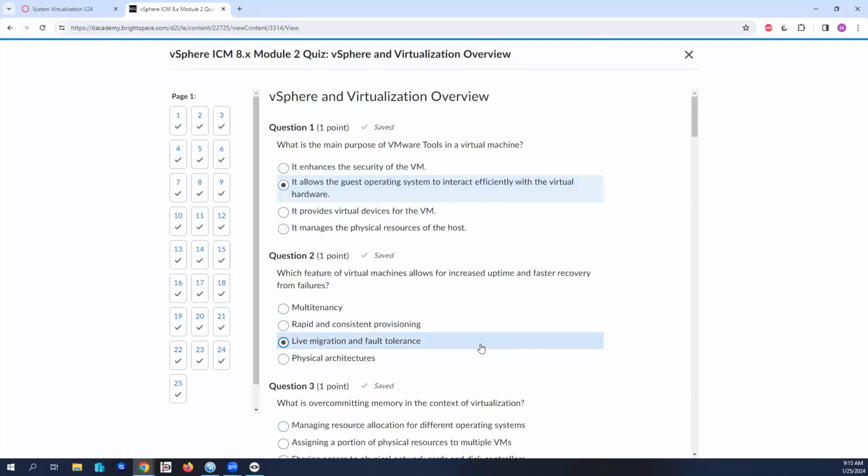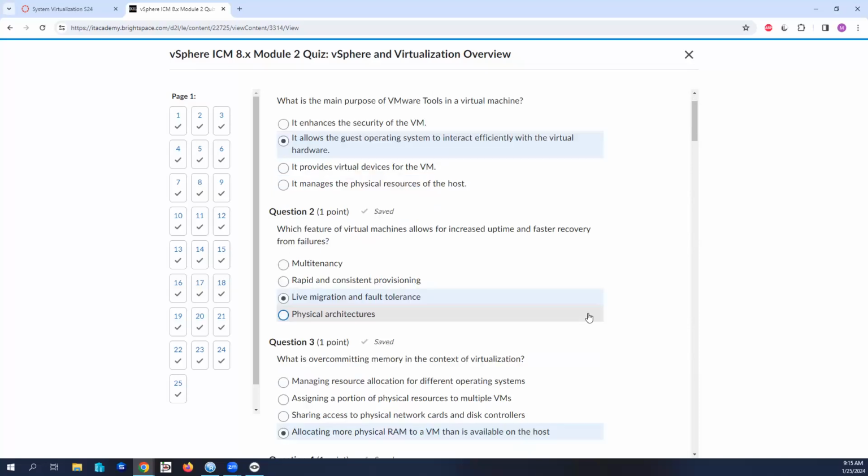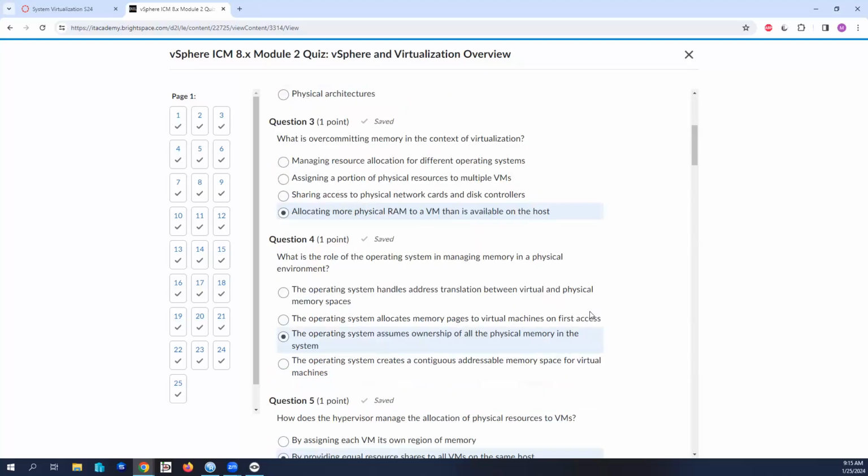And we have live migration and fault tolerance to allow for faster recovery. Then you had allocating more physical RAM. So if y'all submit that, is that 100%? What? Yeah.